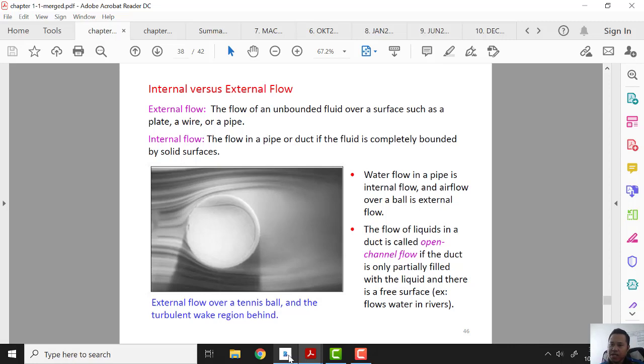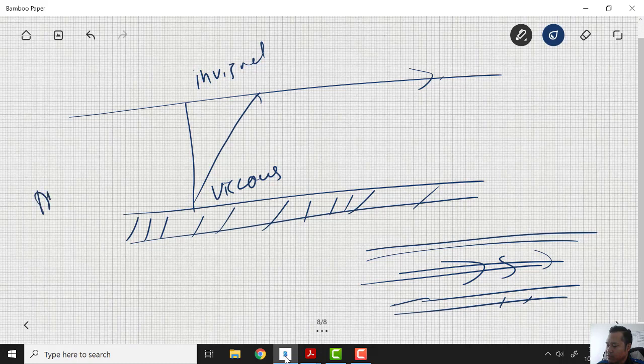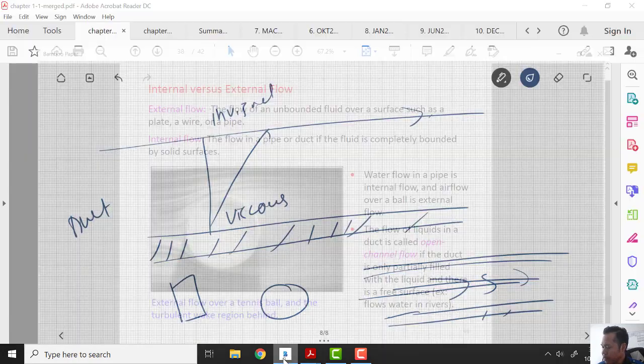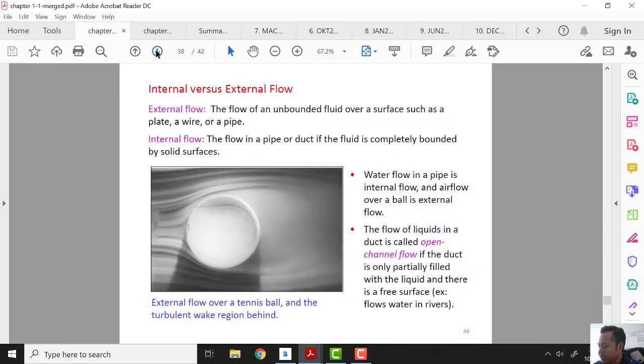Internal flow is water in a pipe, water in a duct. You know duct? D-U-C-T. If a pipe is circular, a duct is, say, rectangular. Alright, so that is the difference between external and internal flow.